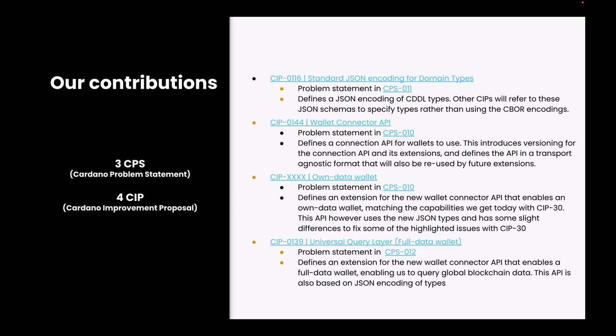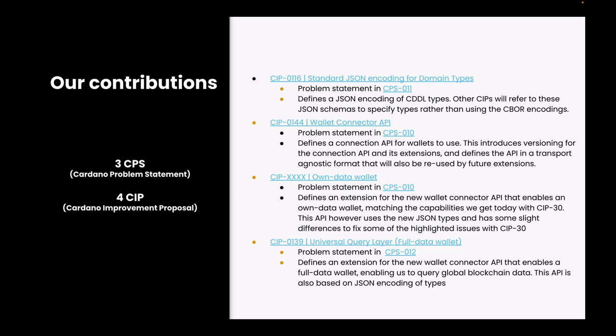If you have a CIP-30 wallet with a small wrapper, you can implement this API. The only differences are, for example, that it will use these new JSON types instead of the CBOR types, and have fixes to some of the issues I mentioned, and some other smaller things I didn't mention.